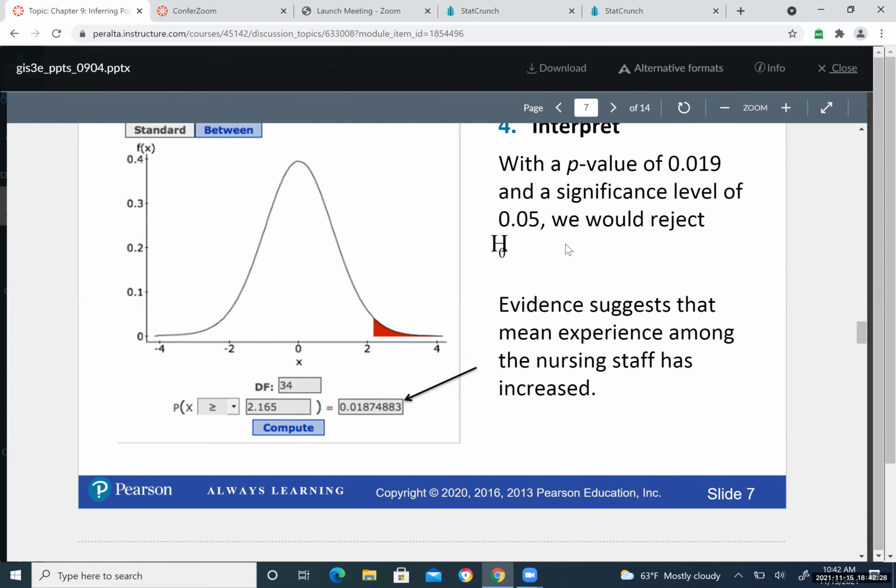If the p-value is smaller, we reject the null hypothesis, H naught. There is enough evidence that the mean experience among the nursing staff has increased. We reject the null hypothesis.